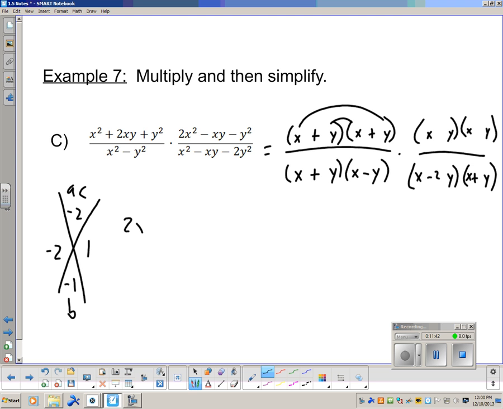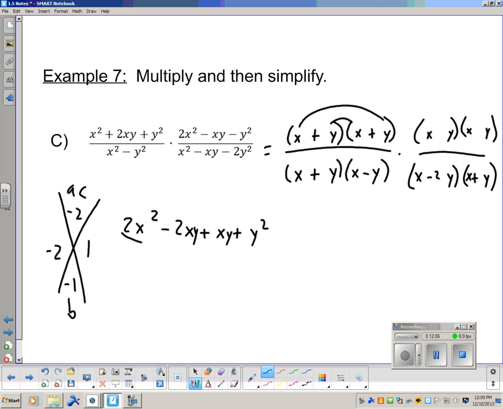So if I write it out, it becomes 2x squared minus 2x plus x plus y squared. And I've got to put my y's in there because there's an xy in there. So does that work? Negative 2xy plus some xy there gives me a negative xy.